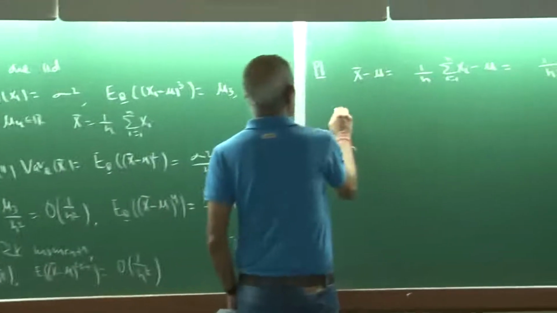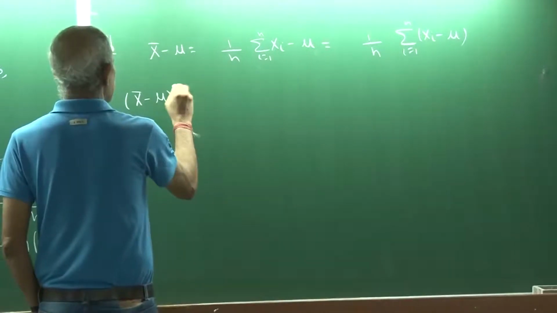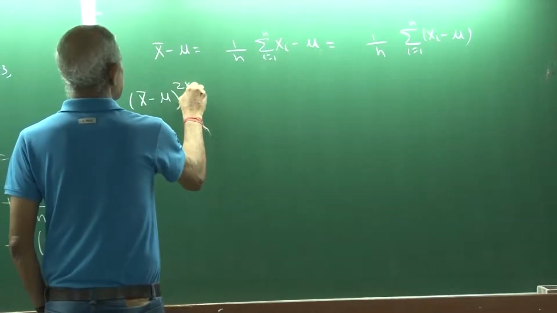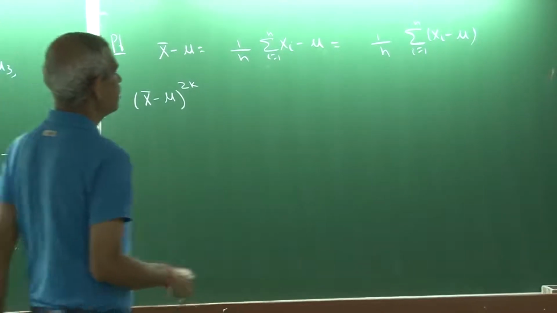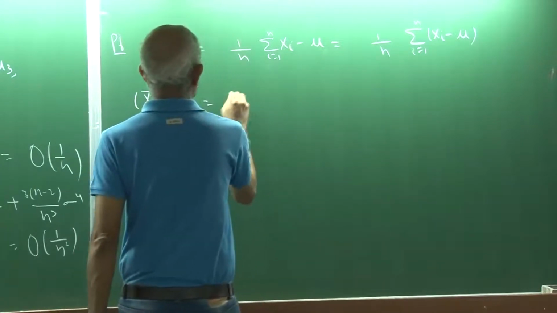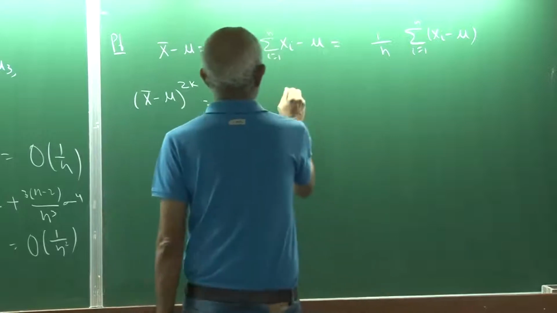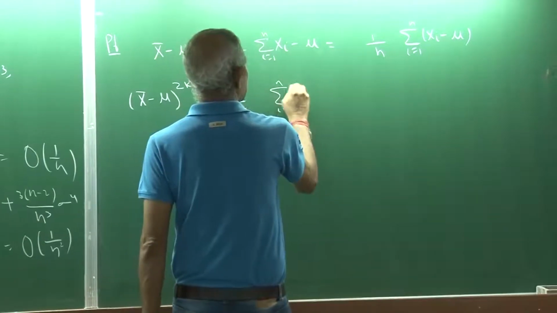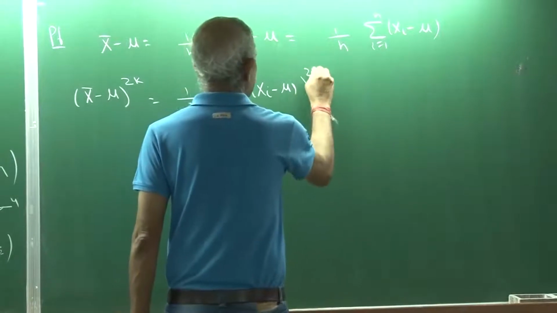So x bar minus mu to power twice k is nothing but 1 upon n to power 2k, summation i equals 1 to n, xi minus mu to power 2k.